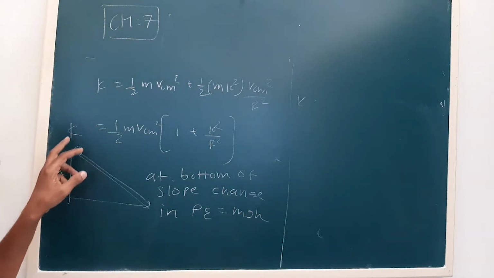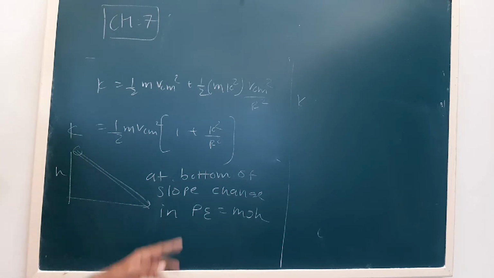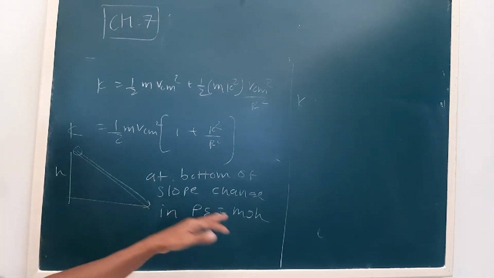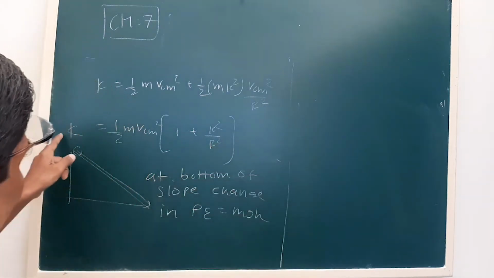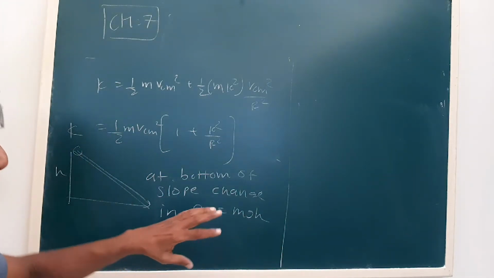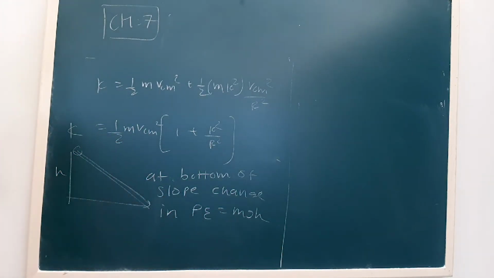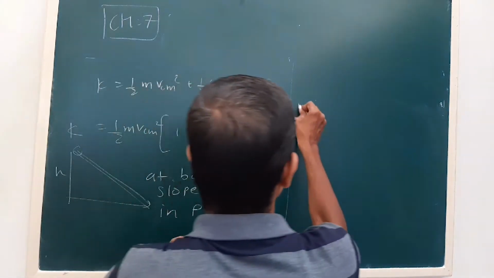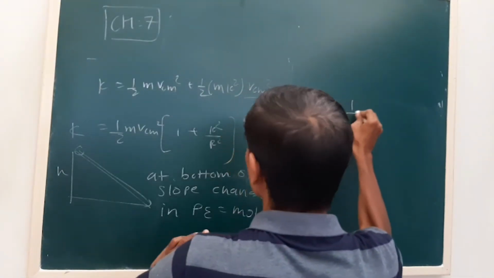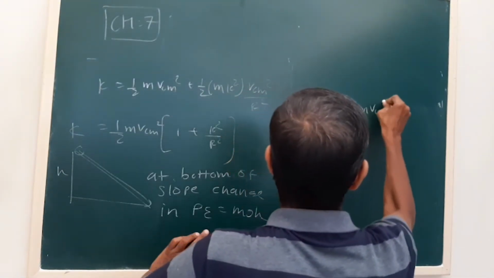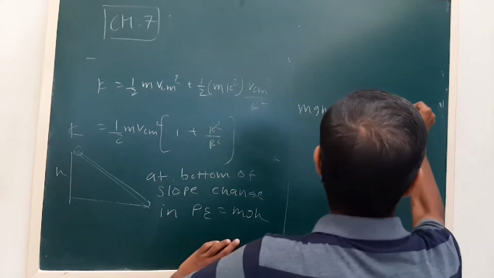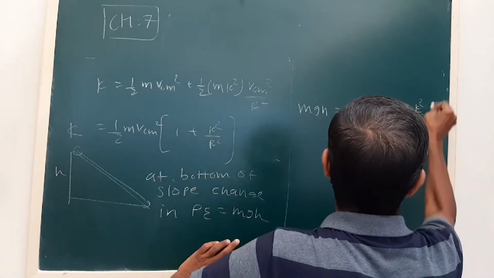So this total kinetic energy is obtained at the expense of that potential energy; when it loses potential energy, this much energy is converted into kinetic energy. So we can write mgh is 1 by 2 m VCM square, times 1 plus k square by R square.